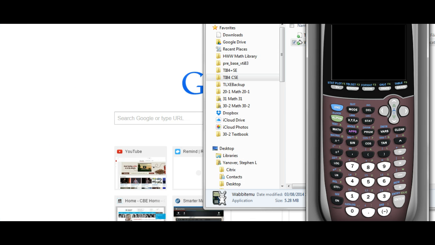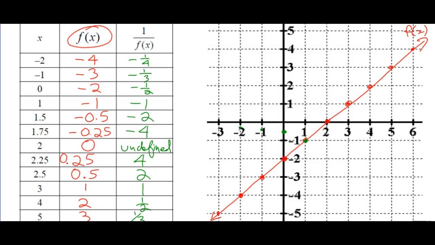Oh, I never graphed the one. Let's go back and do this. I didn't do 1.5. 1.5 was -0.5, so that's there. 1.75 was -0.25. 2.25 and 2.5.